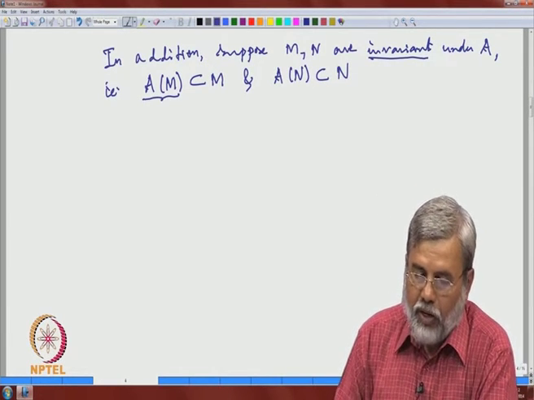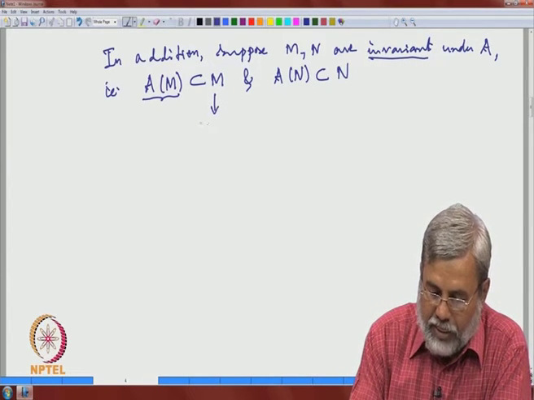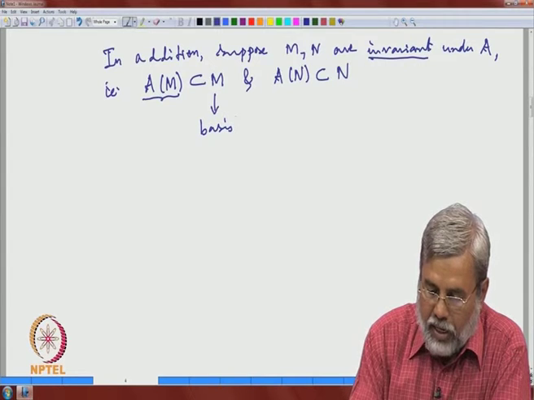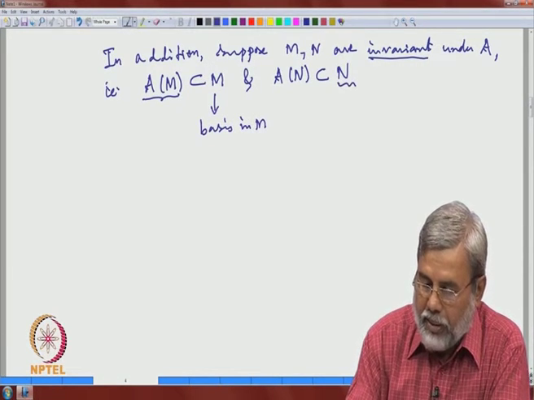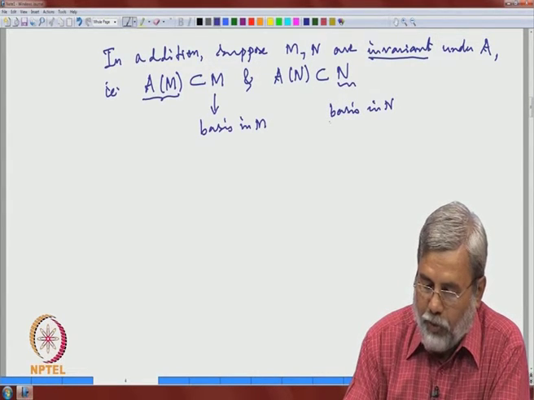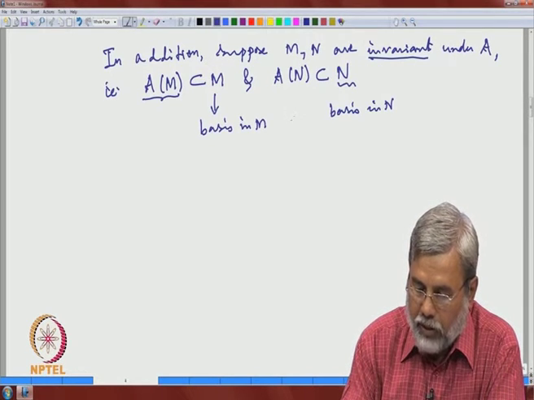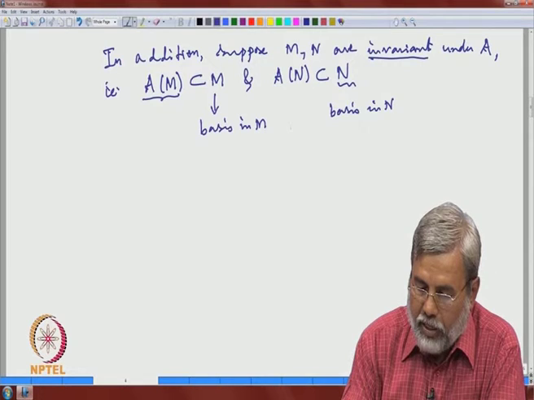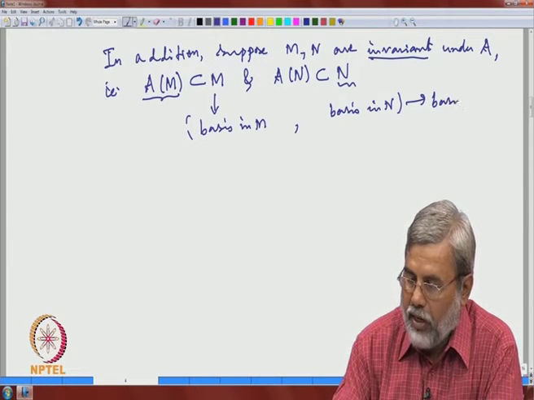In this situation, suppose we choose a basis in M and a basis in N, and if you put them together, this will form a basis in R n.